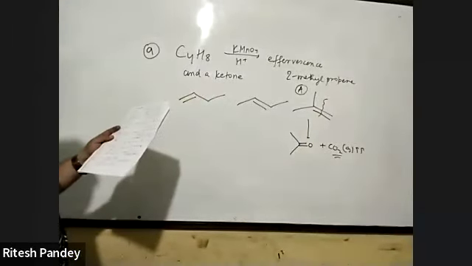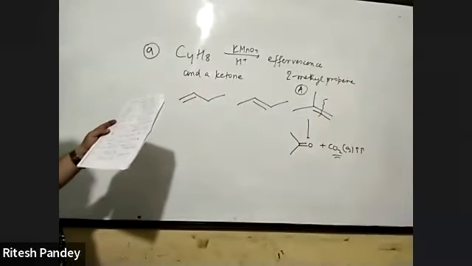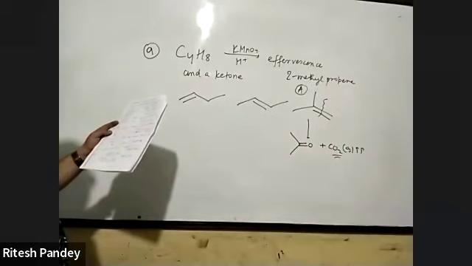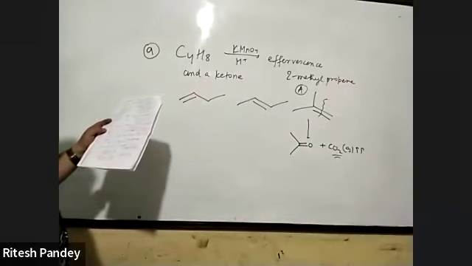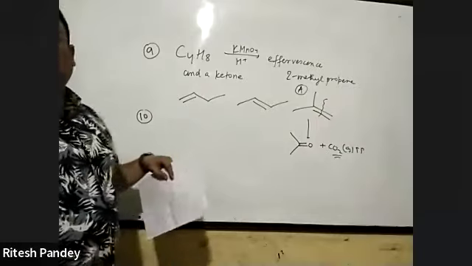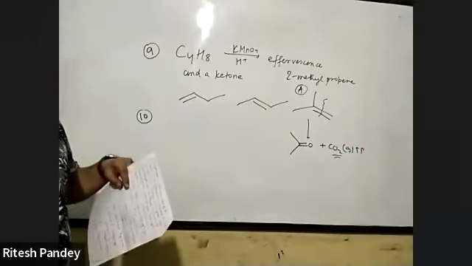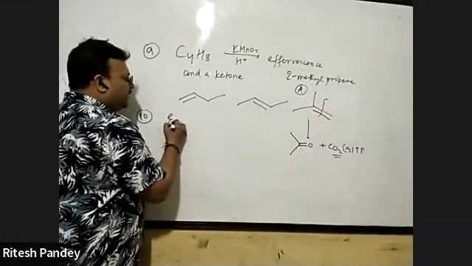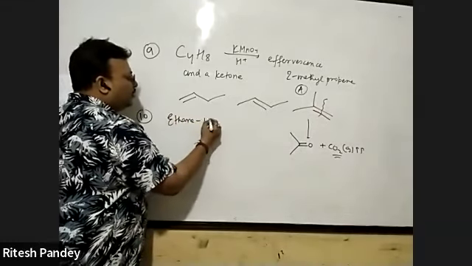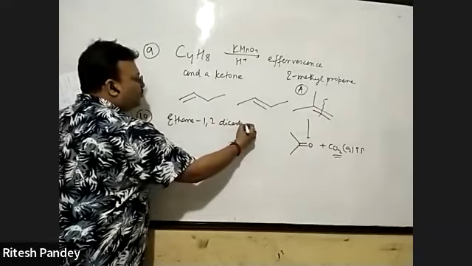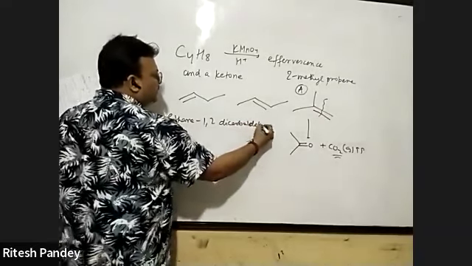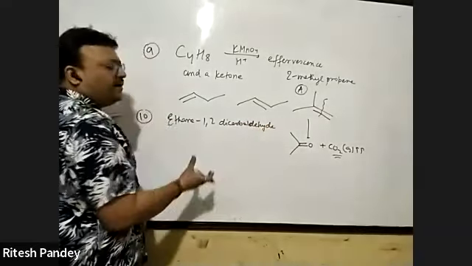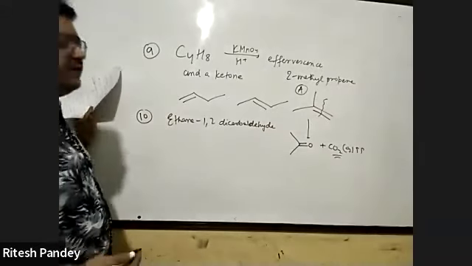Question 10. A compound giving you ethane 1,2 dicarbaldehyde and glyoxal. Now, could you draw ethane 1,2 dicarbaldehyde? Yes, sir. I told you, you can't complain with the way the question is framed, with the way a compound is named.